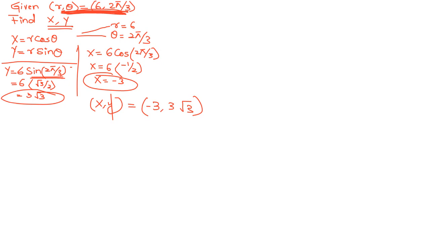I said this is the question: find the rectangular coordinates where r and theta are given, which are 6 and 2 pi over 3.